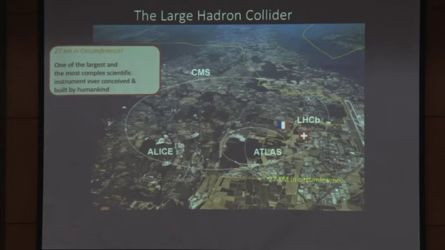So you have the four experiments, CMS and ATLAS. These are just diagonally opposite on this 27-kilometer ring, and then ALICE and LHCb. CMS and ATLAS are the multi-purpose experiments where we can do the fundamental proton-proton collision studies.